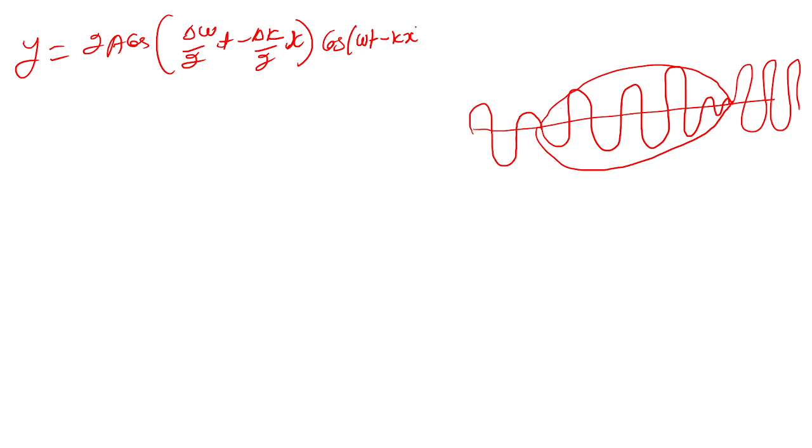So the expression we have is y equal to 2a cos of (delta omega over 2 t minus delta k over 2 x) times cos of (omega t minus kx).